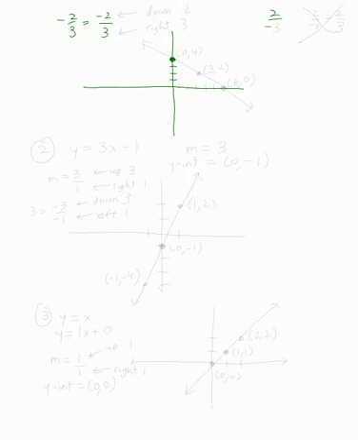You could also make the bottom number negative. Just remember not to make both negative, because negative 2 over negative 3 actually just means 2/3, which would be positive. Okay, so this means that we go down 2, and this means that we go right 3.